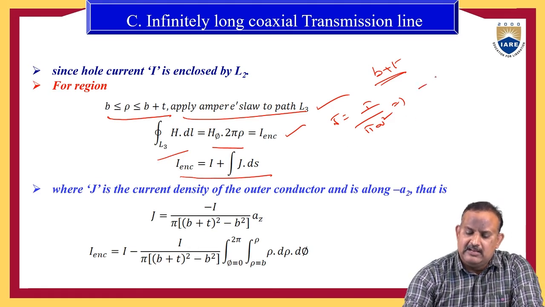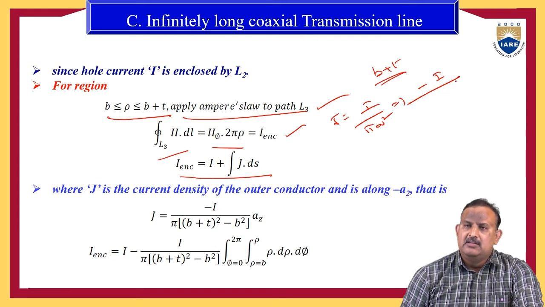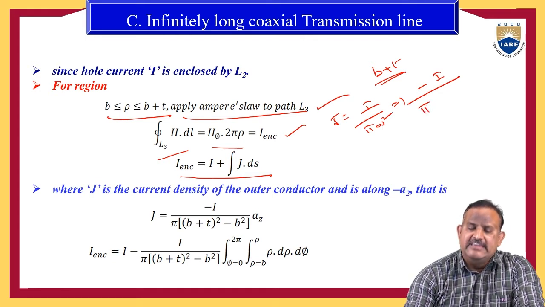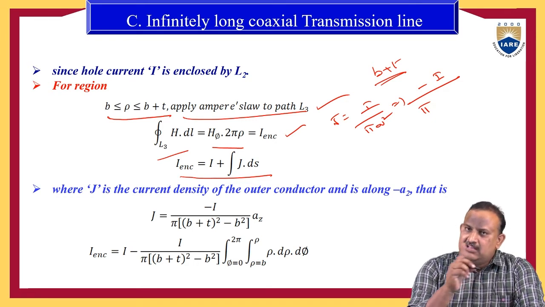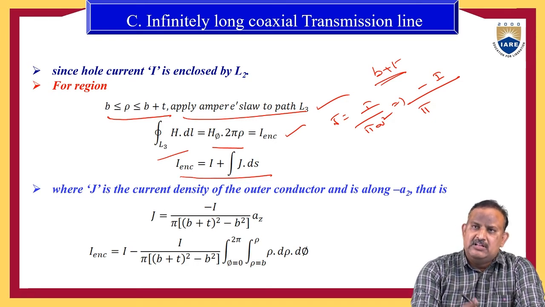Therefore it is minus I by pi a square, where a is the radius of the first conductor, because we are applying the same expression to the second conductor.